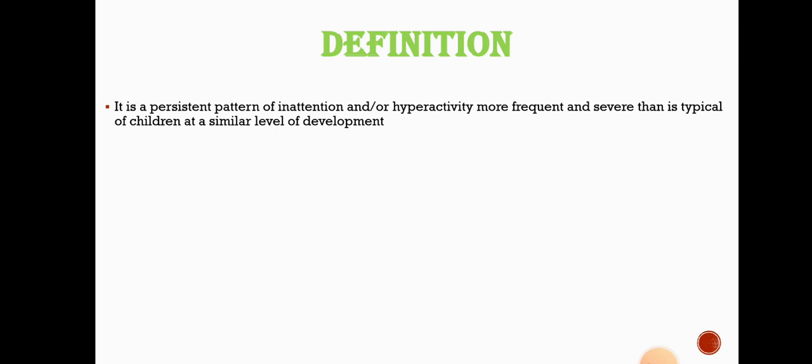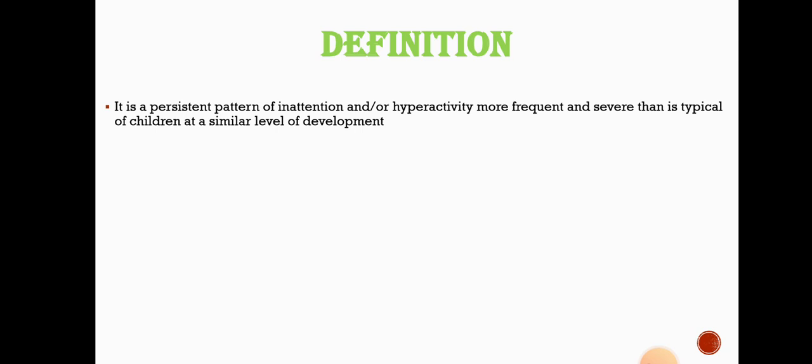Next, coming to the definition, it is a persistent pattern of inattention. So the child is unable to concentrate in school or at home. And hyperactivity means they cannot sit for a long time in one place. They always want to move.